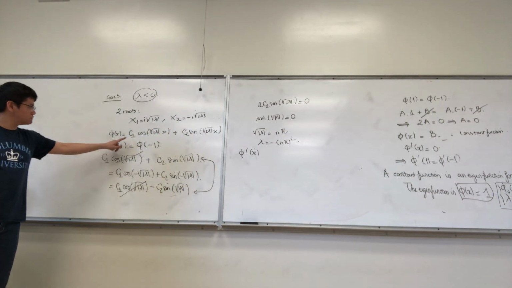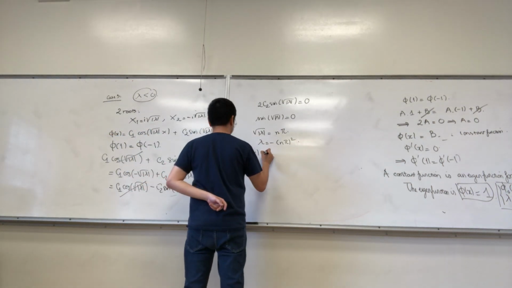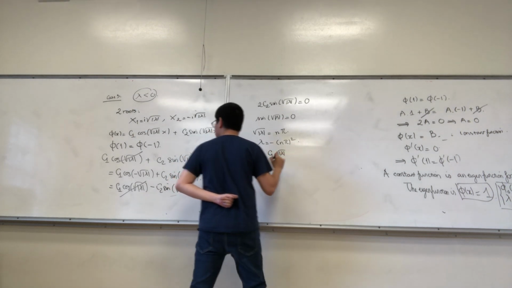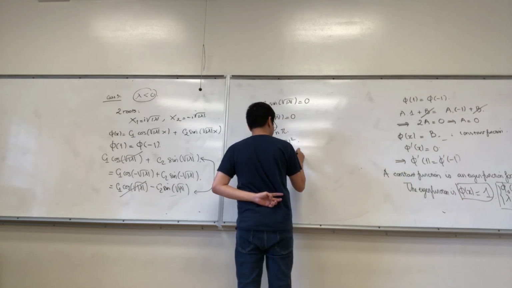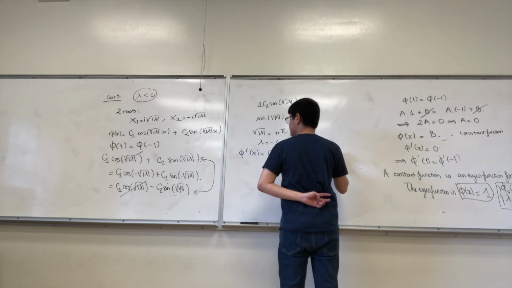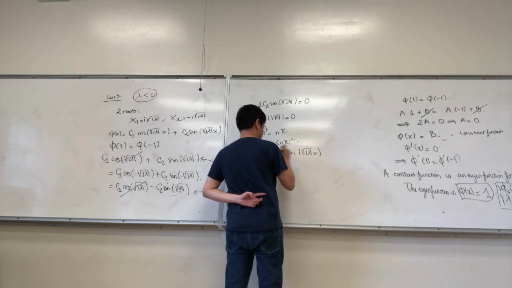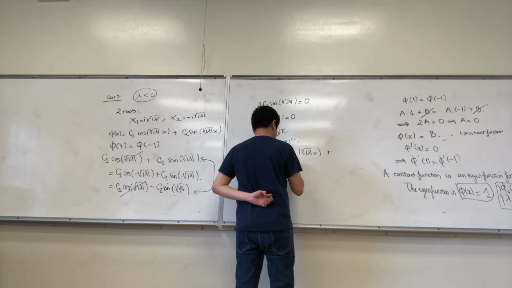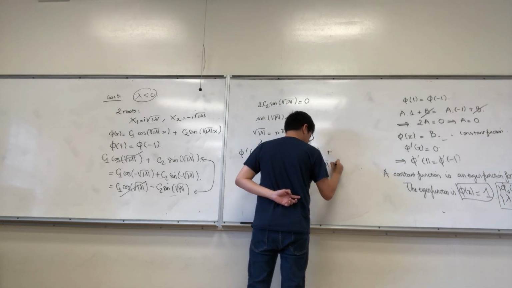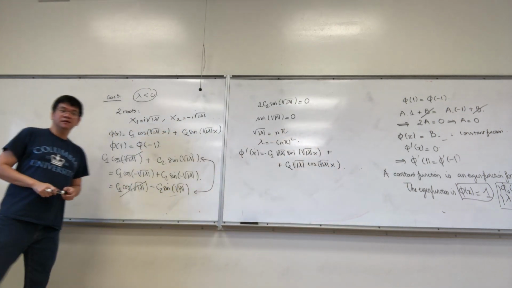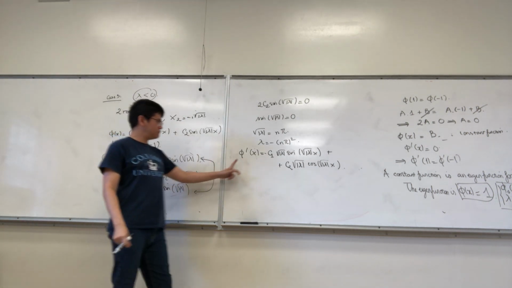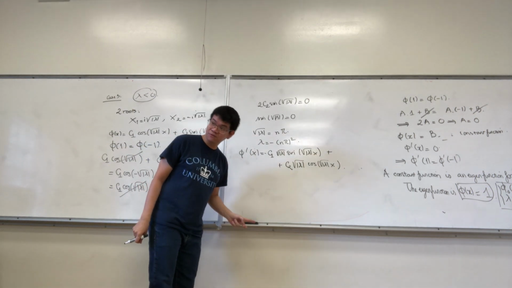So when I take the derivative, I'm gonna have C1 square root lambda sinus of square root lambda x plus C2 square root lambda cosinus of square root lambda x. All right? We're going to use the second condition. The second condition says that phi prime at 1 is equal to phi prime at minus 1. Questions?